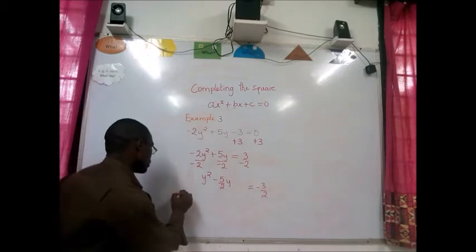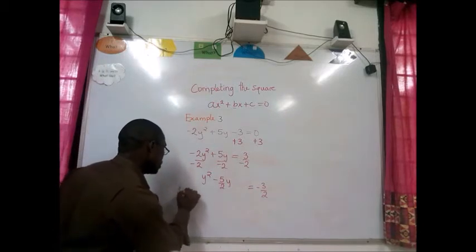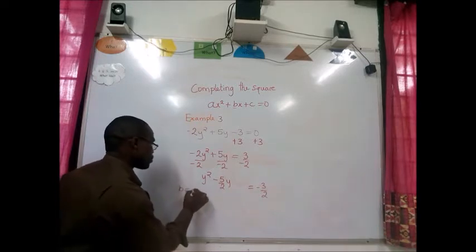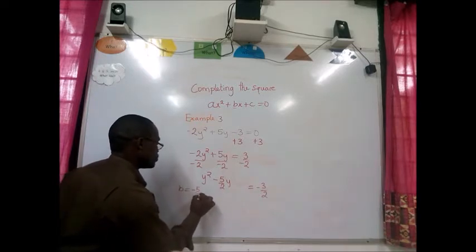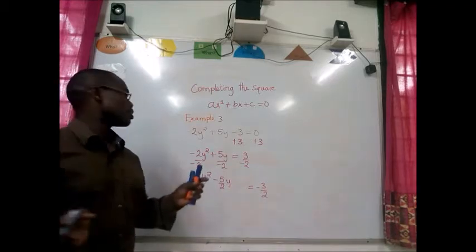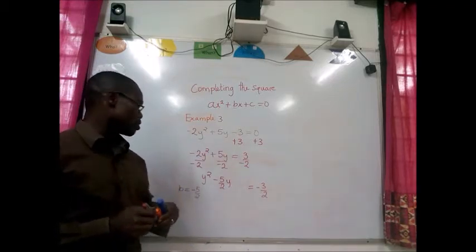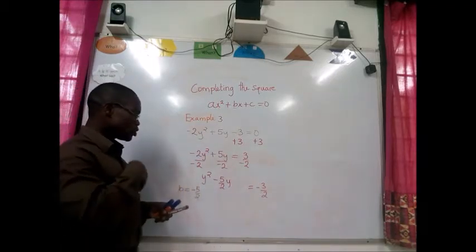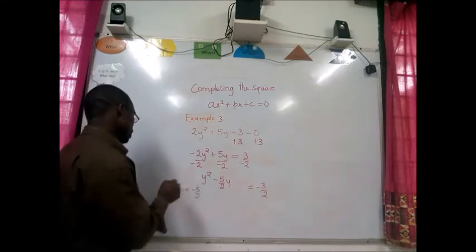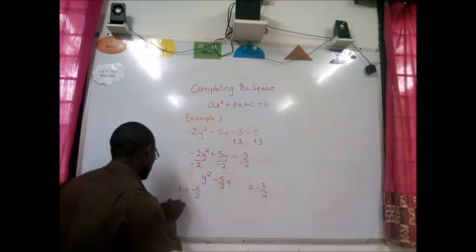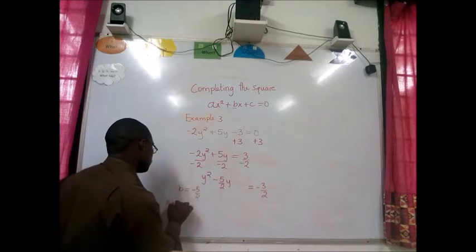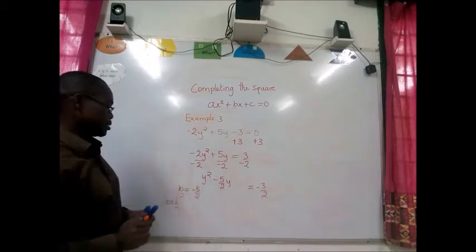So b is equal to negative 5 over 2. This is the coefficient of y. Now we need to multiply by half. We have already said, you take b times half and then you square it.